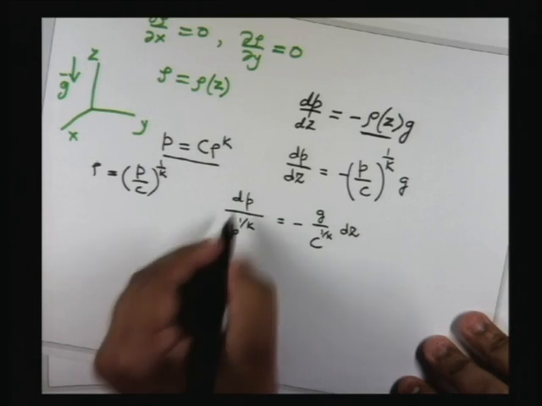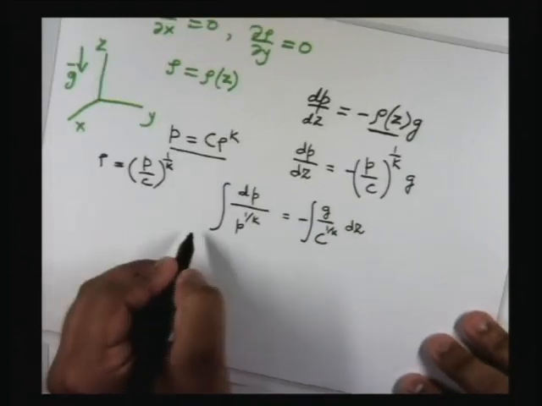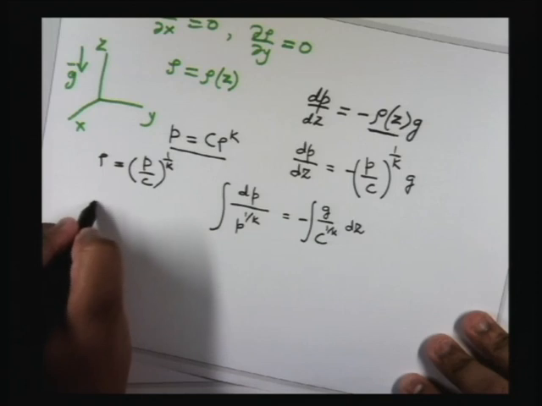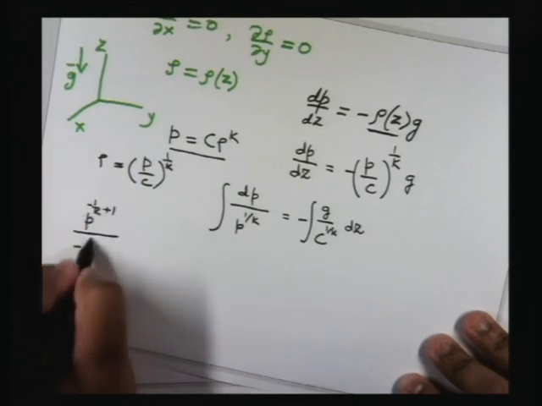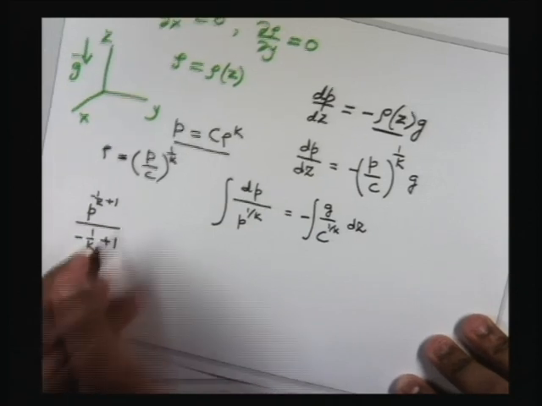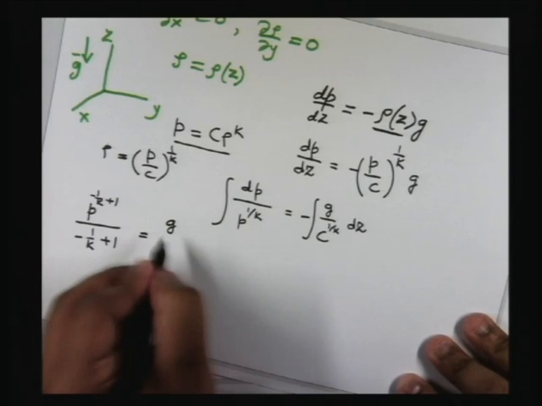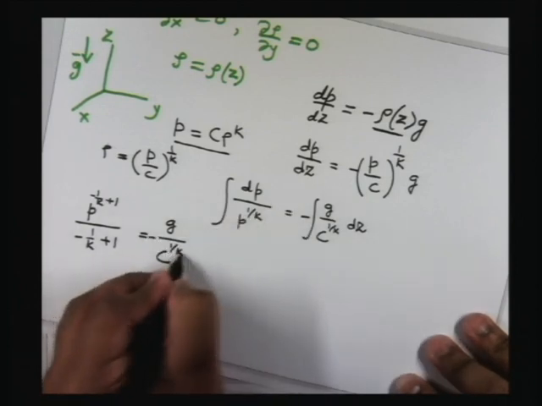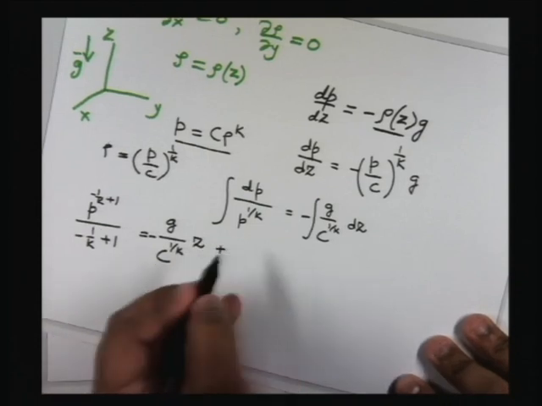If we integrate both sides, this integral turns out to be nothing but P to the power minus 1 by k plus 1, divided by minus 1 by k plus 1, and the right hand side takes the form, sorry, there is a minus sign, g by C to the power 1 by k into z plus some constant. So let us call this constant A.